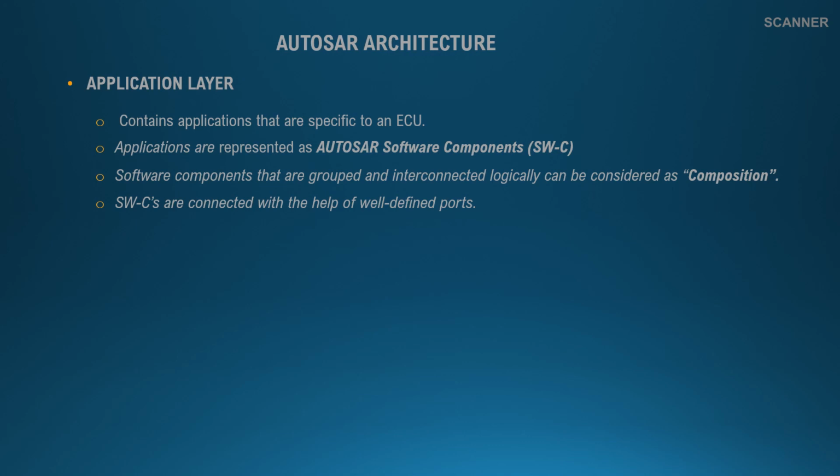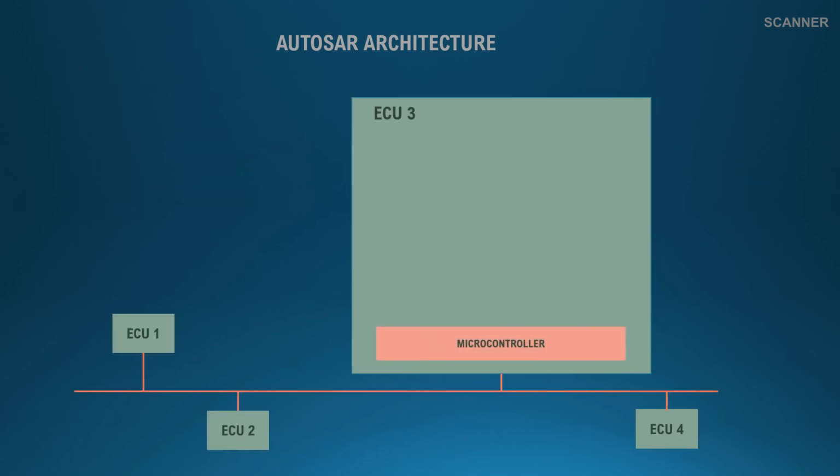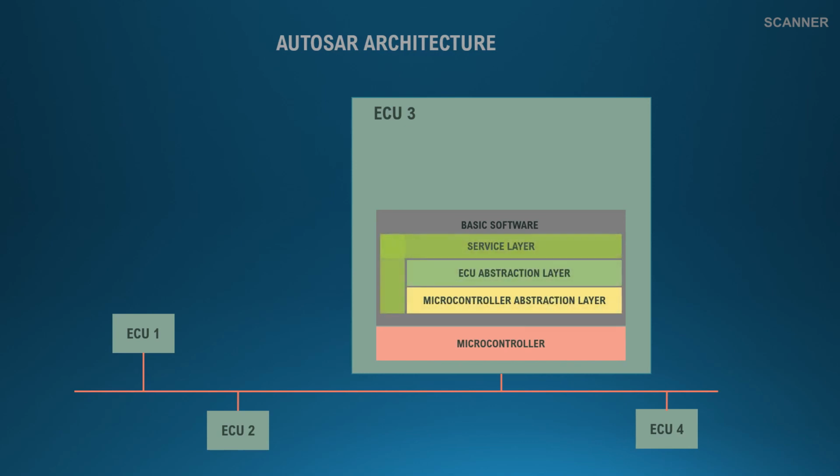A sender-receiver interface supports message-based communication, while a client-server interface supports a remote procedure call style of communication. We will have a separate training session that explains how to design software components. Here is the pictorial representation of an AUTOSAR-based electronic control unit in a vehicle network.